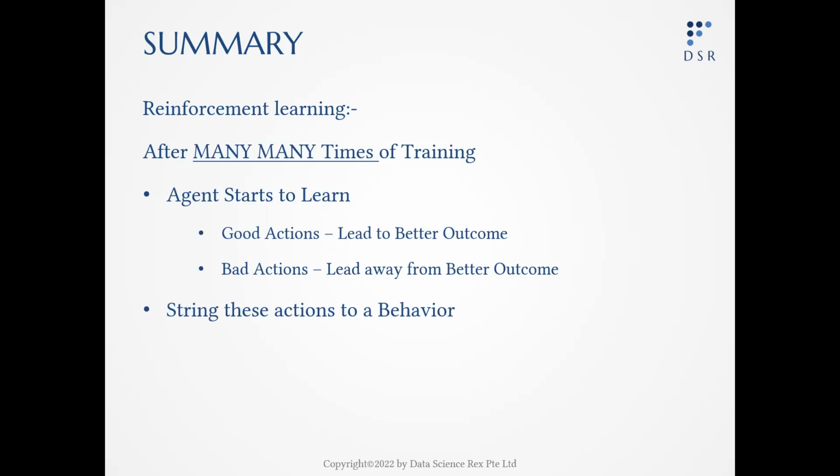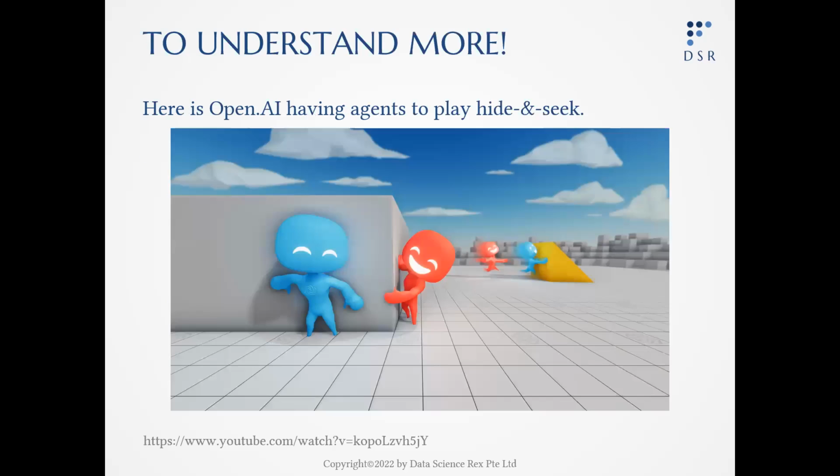And after many trainings, the agent will be able to differentiate what are the good actions that lead to better outcomes, and what are the bad actions that lead away from the better outcome. With this in mind, you'll be able to string all these different actions together to form a behavior. Sounds interesting, right?